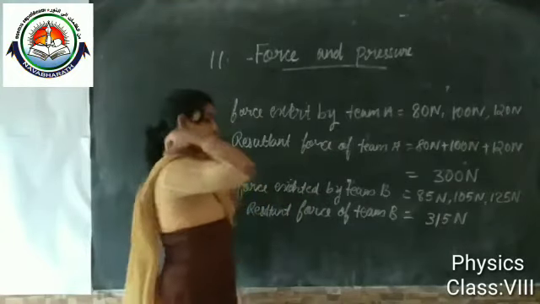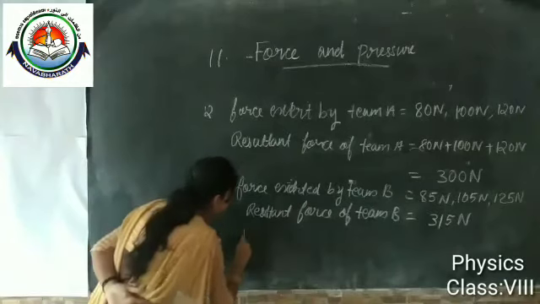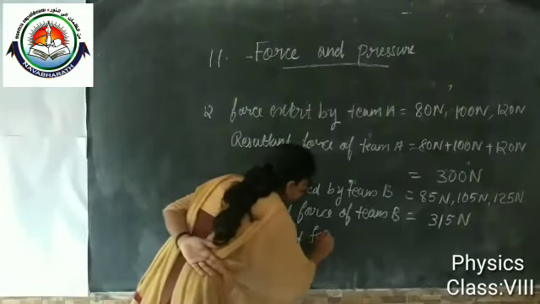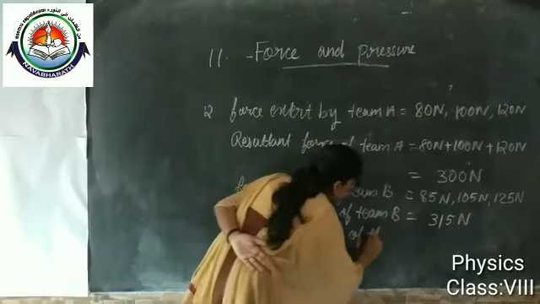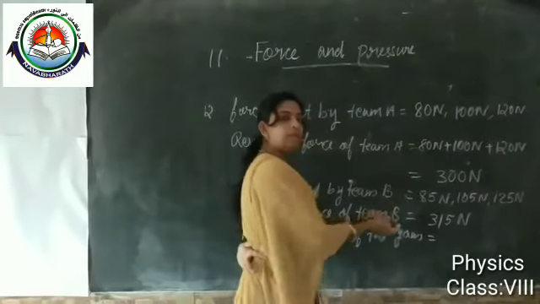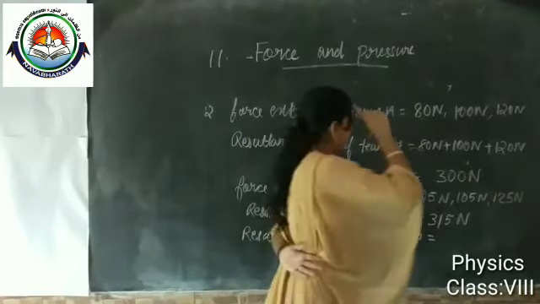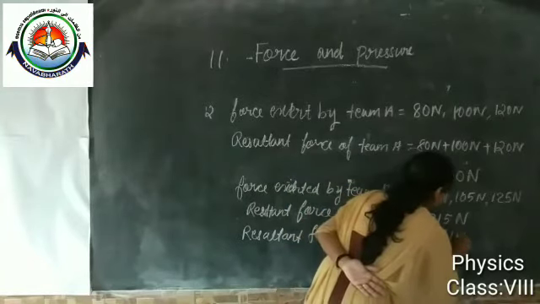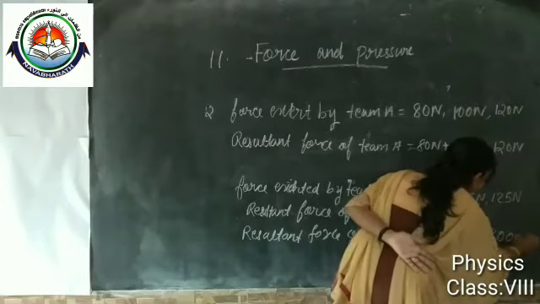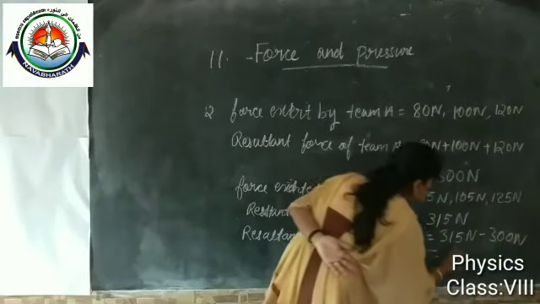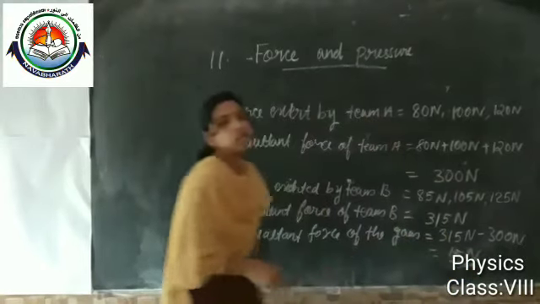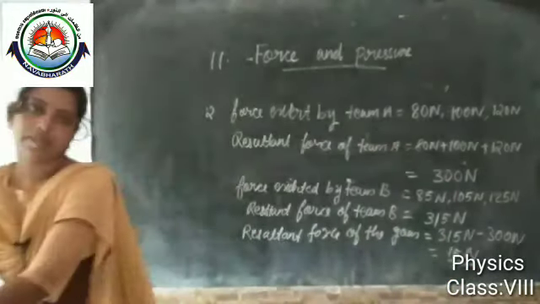So the resultant force of the game is equal to team B minus team A. That is 315 Newton minus 300 Newton. By subtracting it, we will get 15 Newton. So this is the resultant force in the game. Okay.